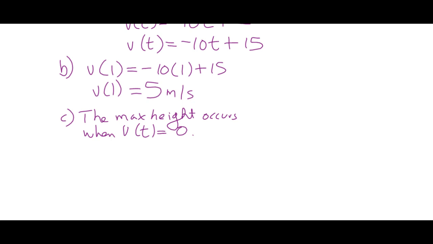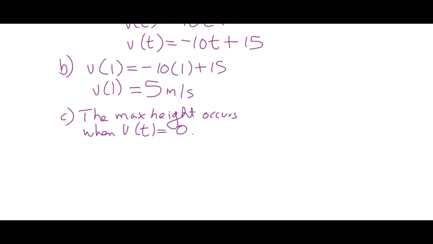And if its velocity is 0, then it's neither going up nor down, but it's reached its max height. So we want negative 10t plus 15 to equal 0. So what's t? 1.5 seconds, or 3/2 seconds.